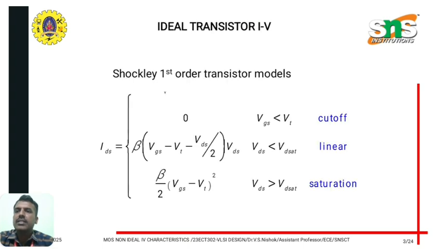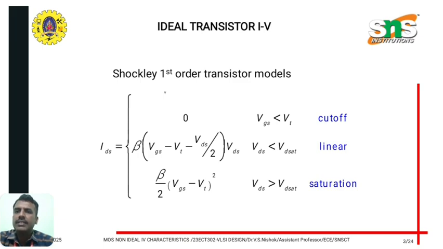Here in this slide we are seeing the current equation for the three different regions of the MOS transistor in the ideal stage. We have the cutoff region, where IDS is 0. In the linear region, that is the non-saturation region, the IDS depends on the VDS, VGS and VT values.